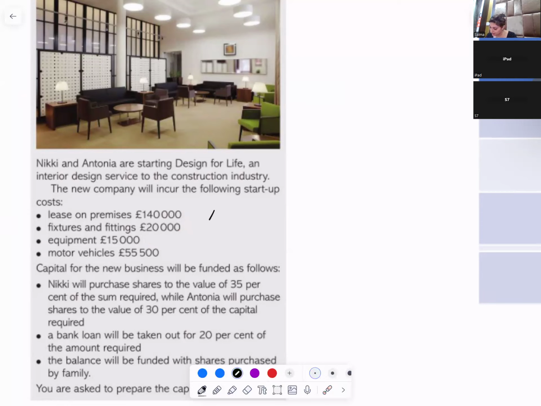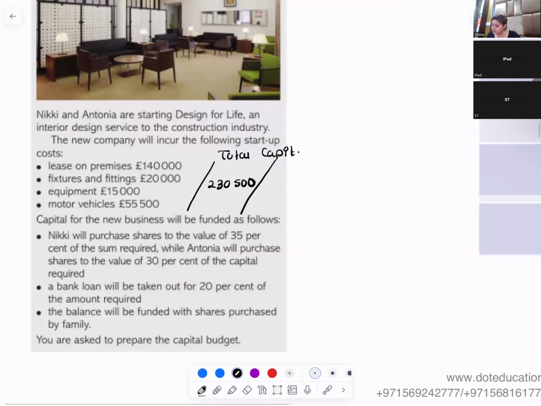Give me a total of how much money they will need. 140,000 plus 20,000 plus 15,000 plus 55,500. They need a total capital of 230,500.